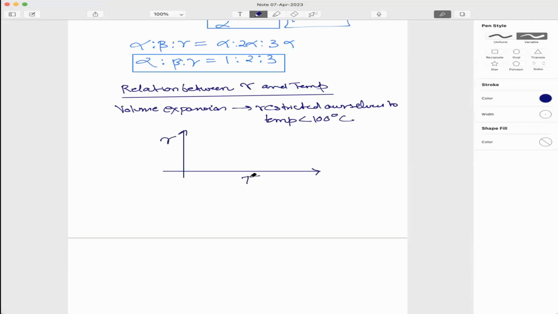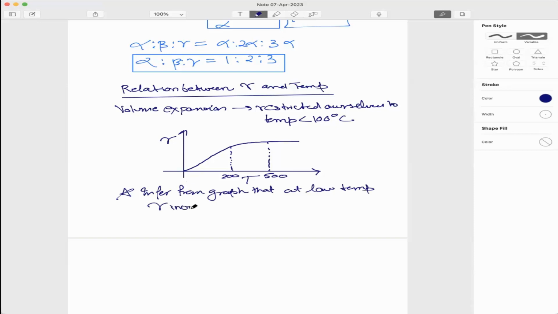Gamma and temperature is like this. That is 200, that is 500.